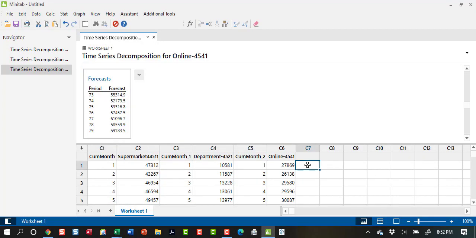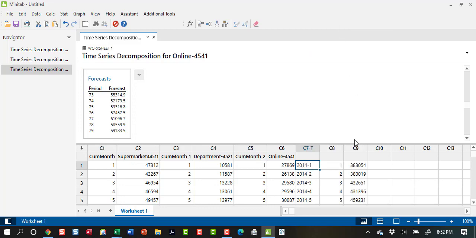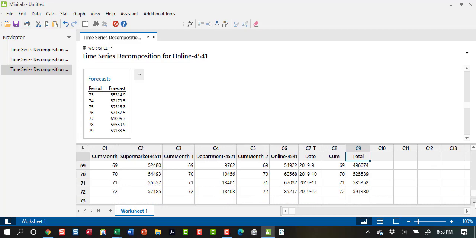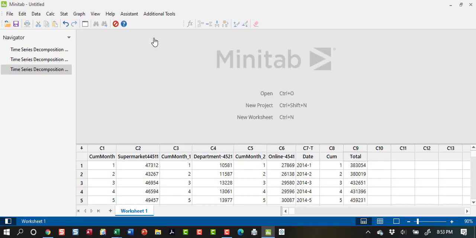And I'm going to go here because I forgot to paste the labels, and we can just call this total, and we can just call this cumulative, and we can just call this the date. There we go. And we should end where the other ones end. And we do.